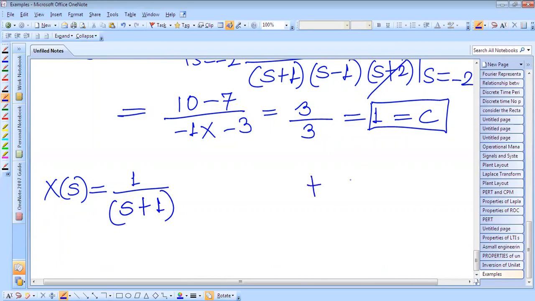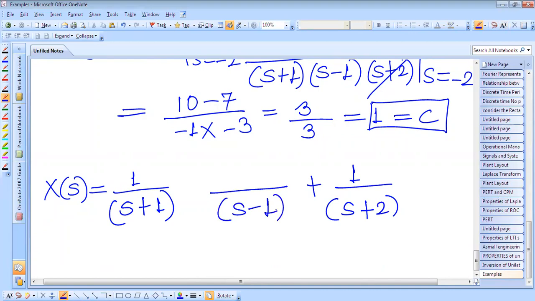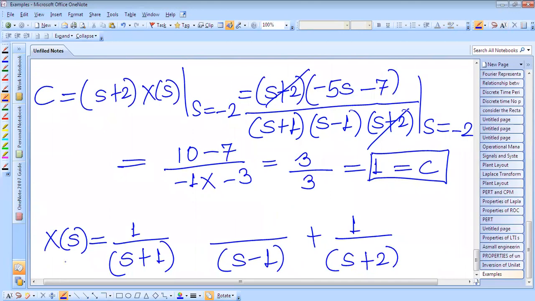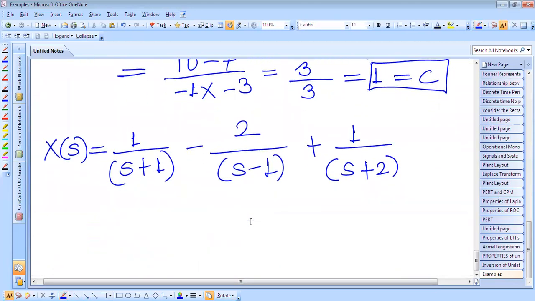B is minus 2, so minus 2 over s minus 1. And C, we have got 1 over s plus 2. So these are the equations. Now we have to take the inverse Laplace transform.